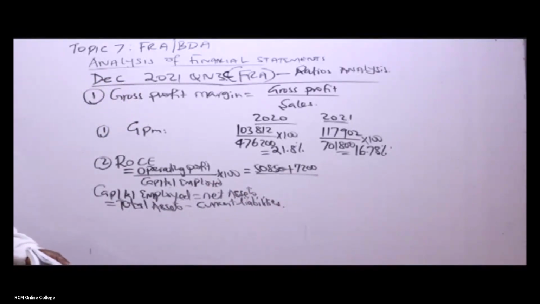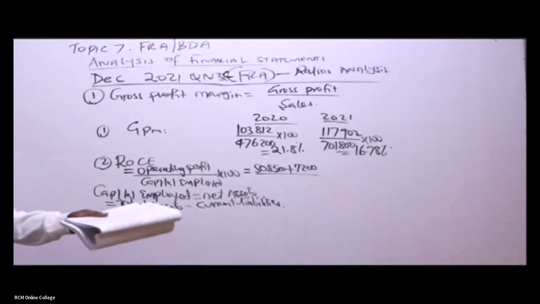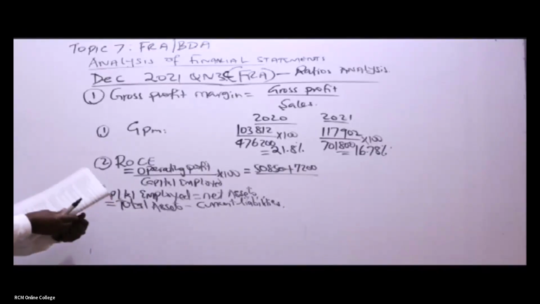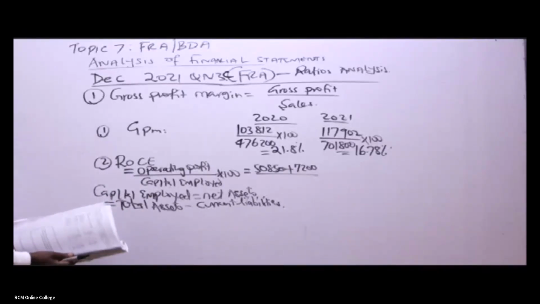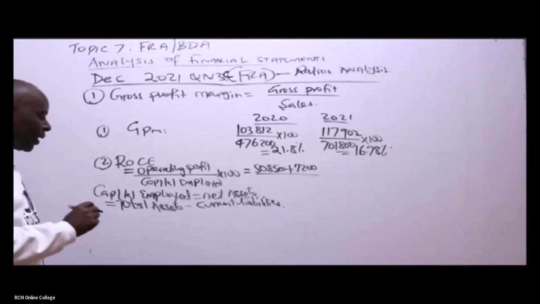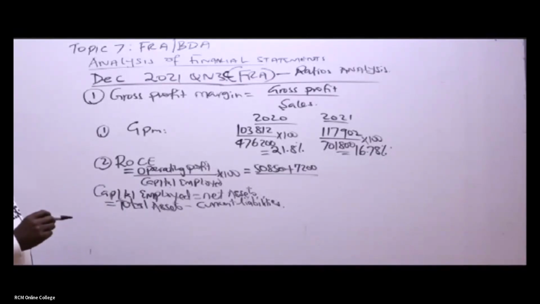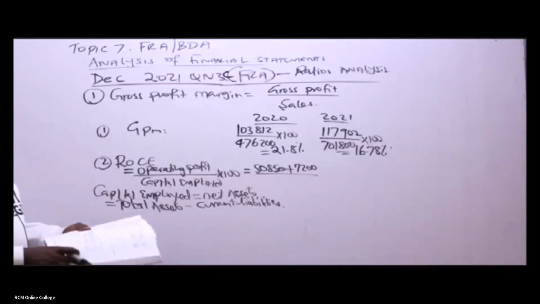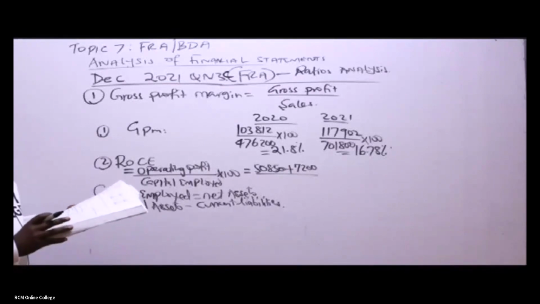I'll go back and repeat that, but let's finish this first. No problem. All right. So anytime they want us to give them capital employed, I will always take total assets minus current liabilities. So in this question, have they given me total assets, ladies and gentlemen?